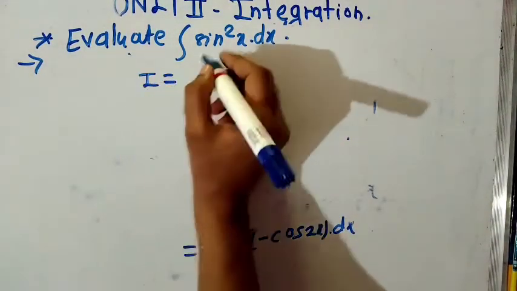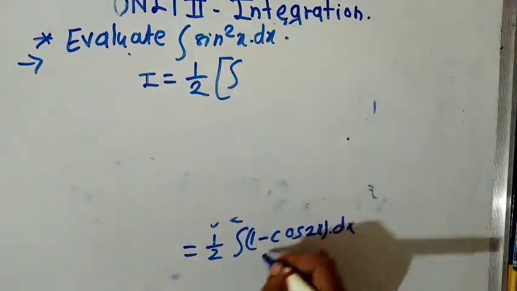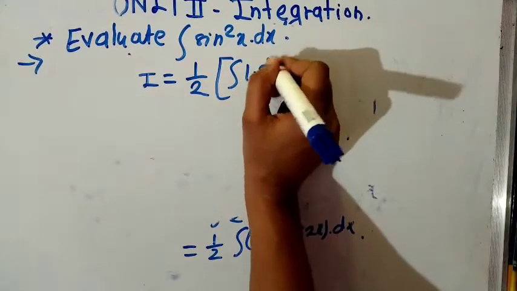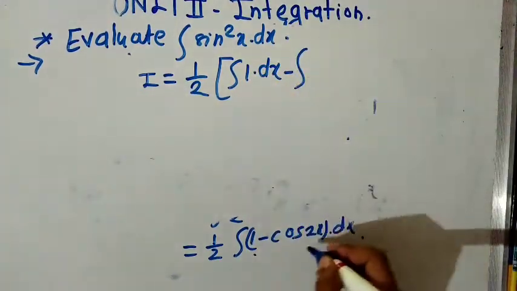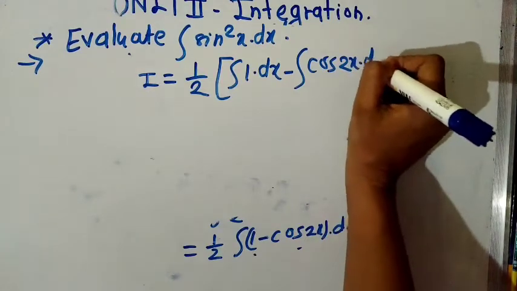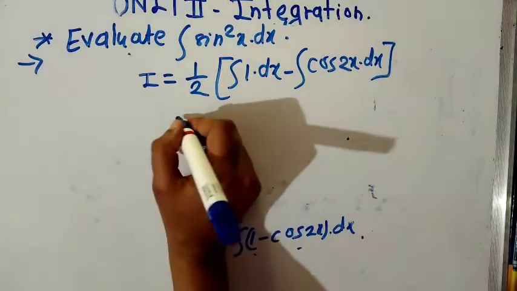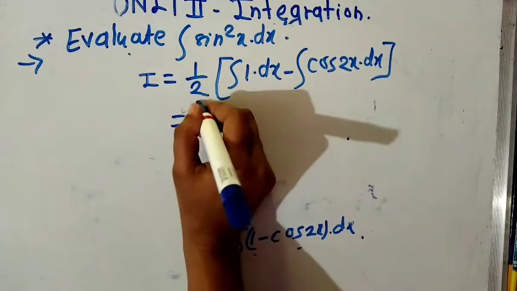Hence I is equal to 1 by 2 into integration of 1 into dx minus integration of cos 2x into dx.